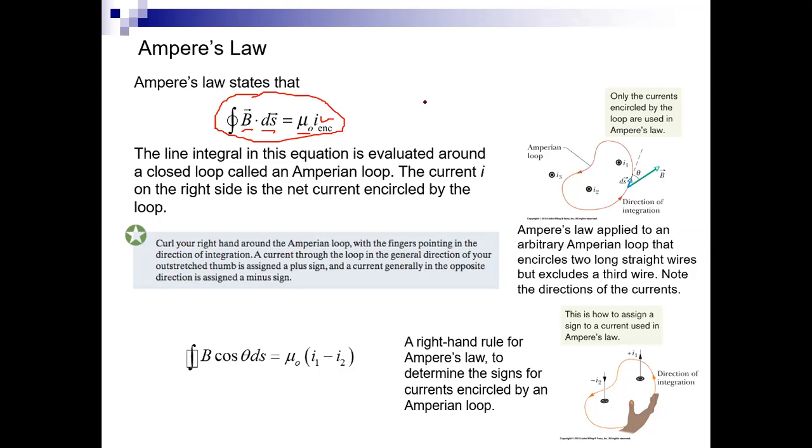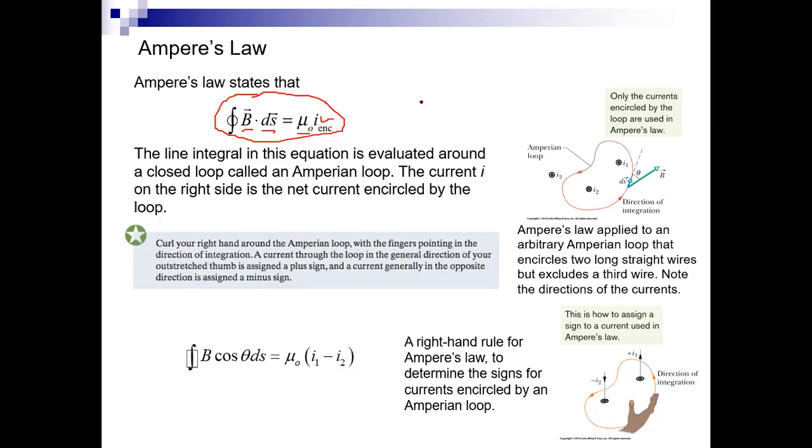So just like Gauss's law, in Gauss's law, if you remember, we consider some imaginary Gaussian loop around some static charges, and the purpose of that Gaussian loop is to find the total flux coming out of it, so that we can determine the electric field.